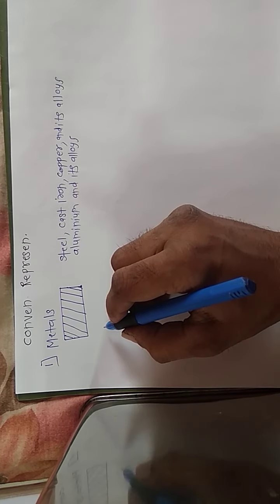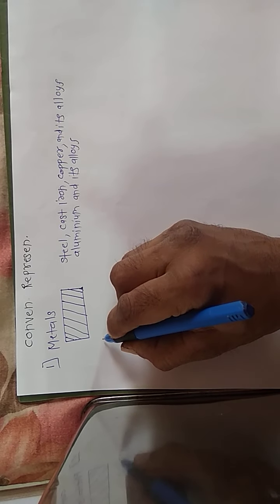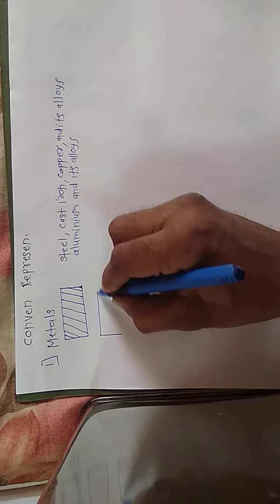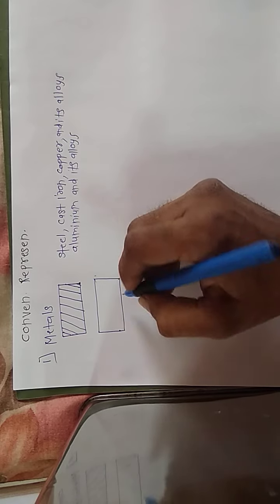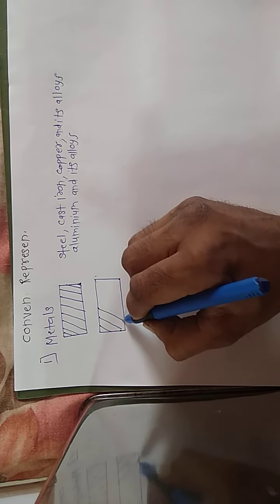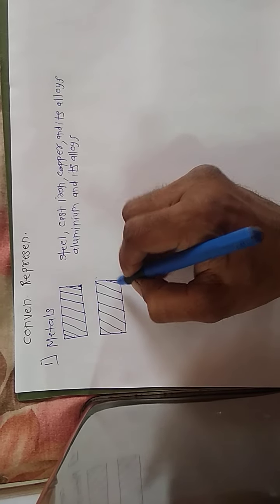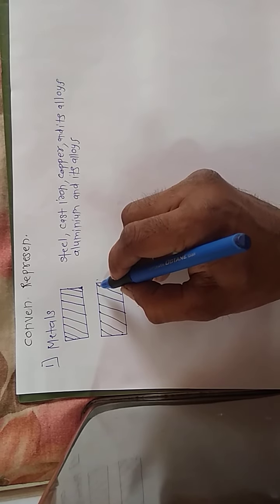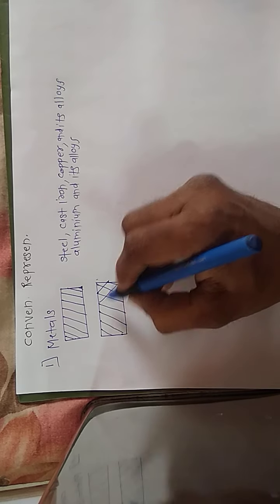Now the second part, for lead, zinc, tin and white metal: again draw the rectangle, again draw some inclined lines, and again draw knurling-like conventions, inclined in the opposite direction.